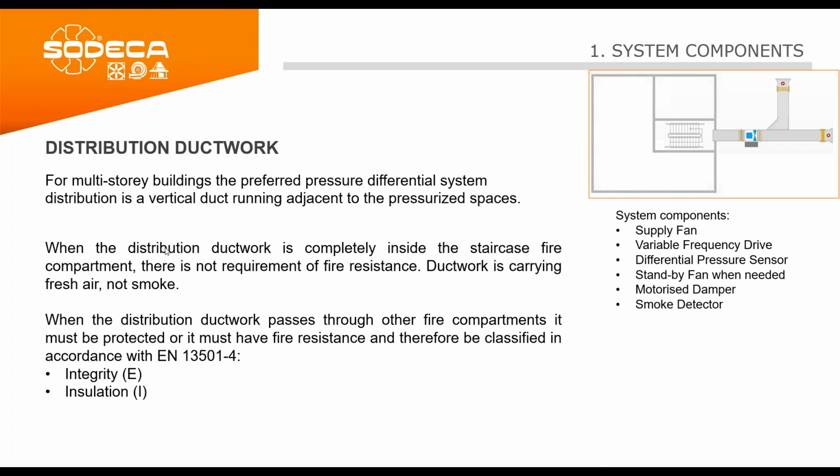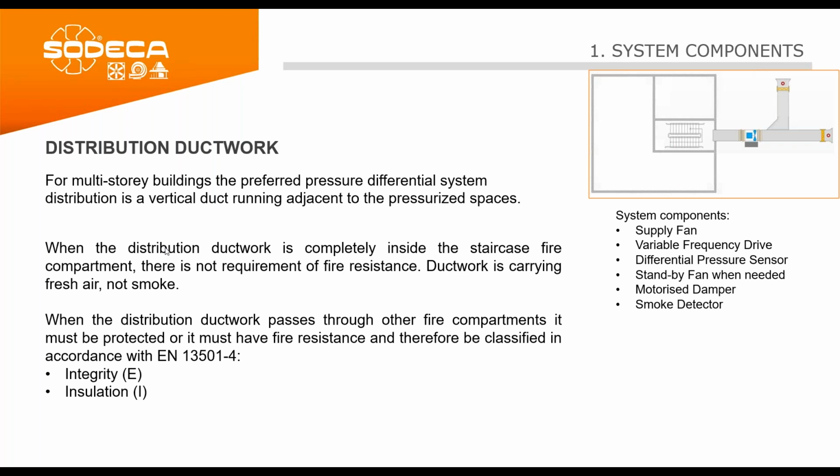With regards to the distribution ductwork, for multi-story buildings, the preferred pressure differential system distribution is a vertical duct running adjacent to the pressurized spaces. When this distribution ductwork is completely inside the stairwell, there is no requirement of fire resistance, because bear in mind that this ductwork is carrying fresh air, not smoke.